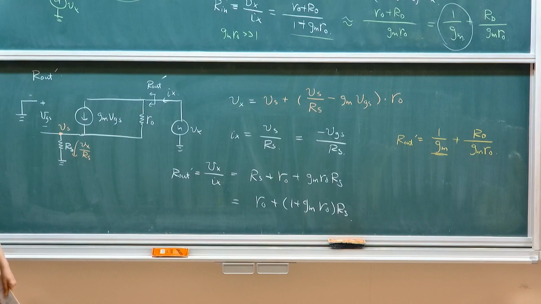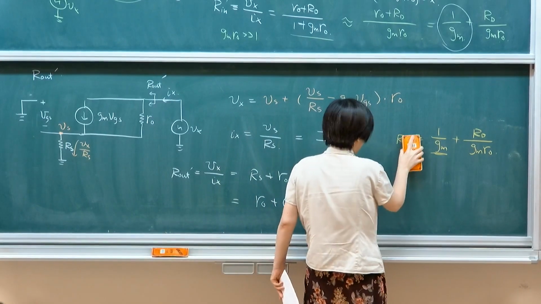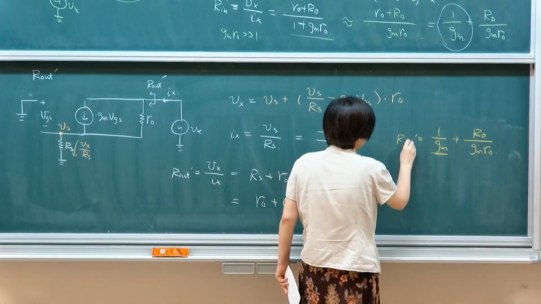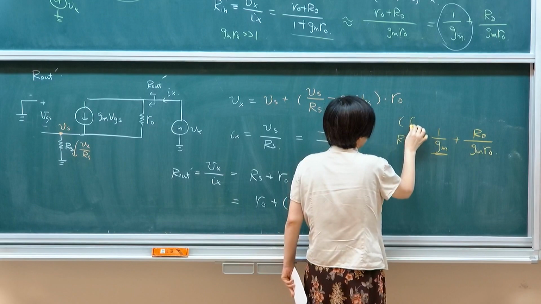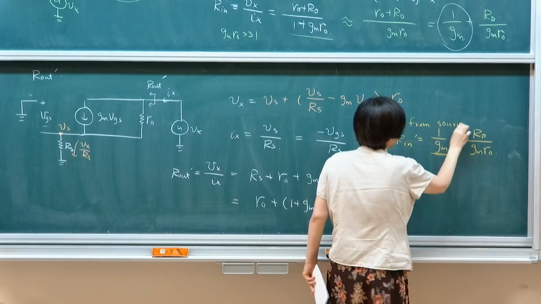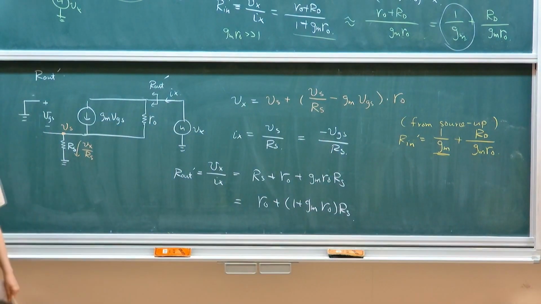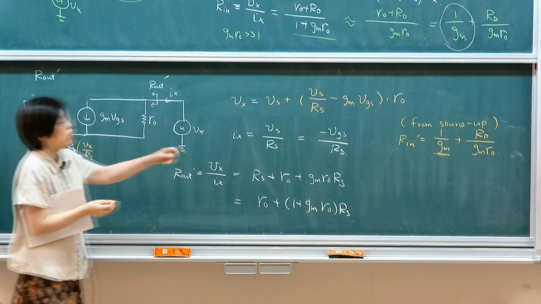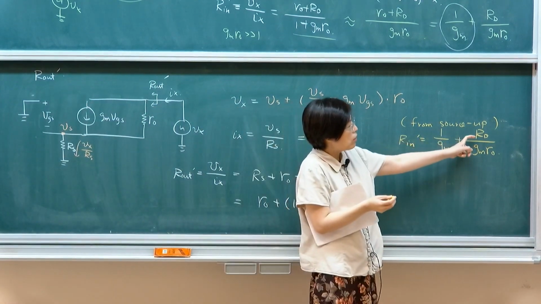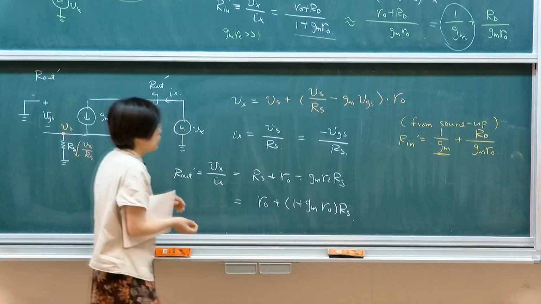If you're looking in from the input terminal, from source up, the effect will be its original 1 over gm, and then whatever the loading resistance being attenuated by a factor of gm RO.